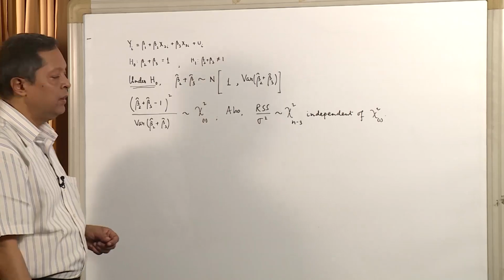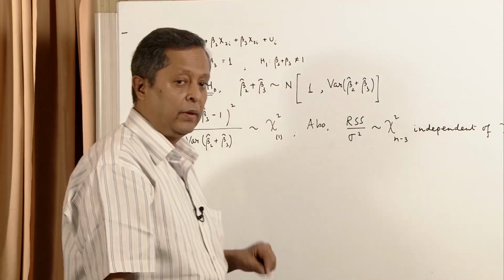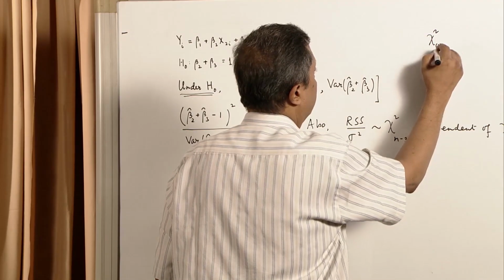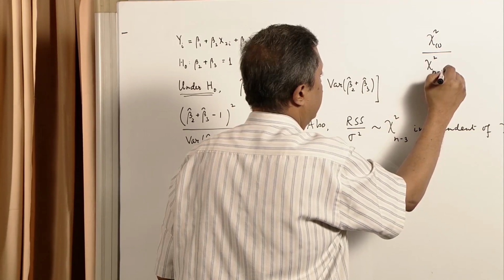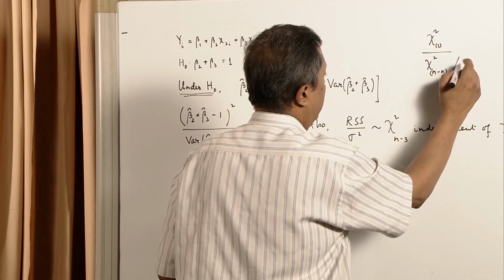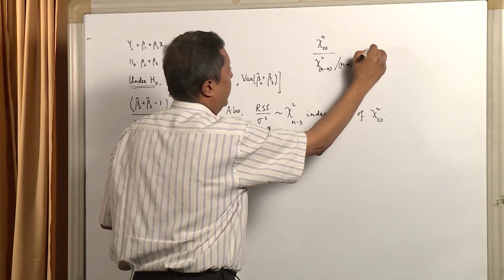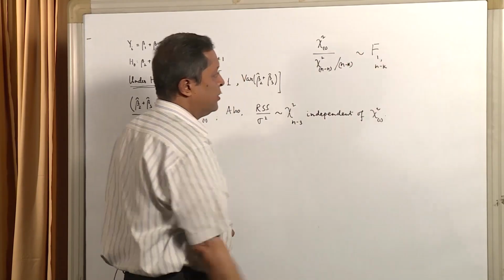So, as we have seen already in the previous module, drawing upon the important result that chi-square 1 divided by chi-square n minus k divided by n minus k will follow an F distribution with 1 and n minus k degrees of freedom.